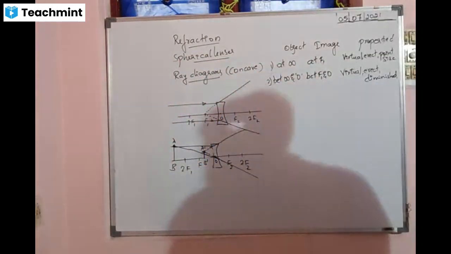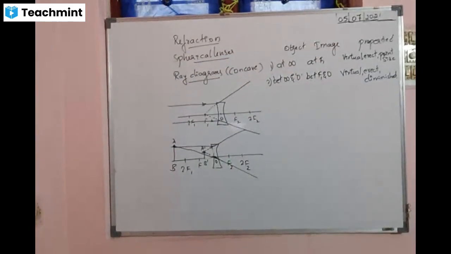So these are the two ray diagrams of the concave lens. Anywhere you keep the object, it will form an image between F1 and optic center, diminished, virtual, and erect.